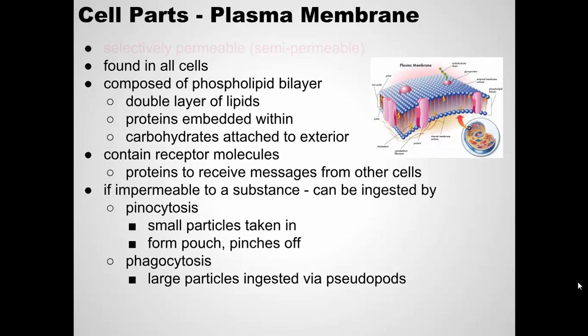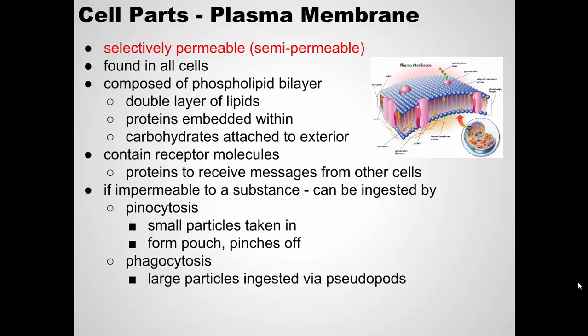So we'll talk about it in pretty extensive detail. First of all, the plasma membrane, the outermost living layer of the cell, is selectively permeable or semi-permeable. Some materials are able to move through the cell membrane and some materials are not. Some materials can just pass right through. Others sort of need help to pass through the cell membrane. So all cells have this, prokaryote, eukaryote.